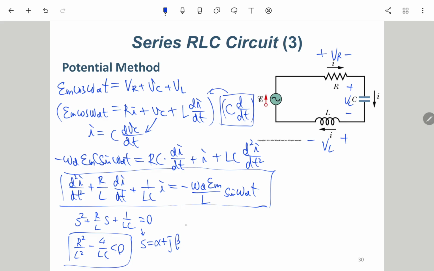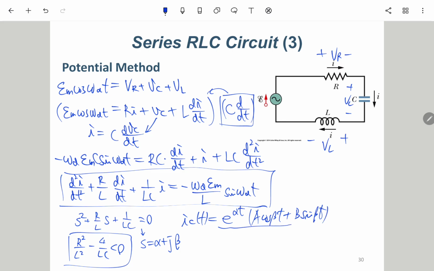So you will get the complementary solution to be I_C(t), which will be exponential of alpha t, and then A cosine of beta t plus B sine beta t.